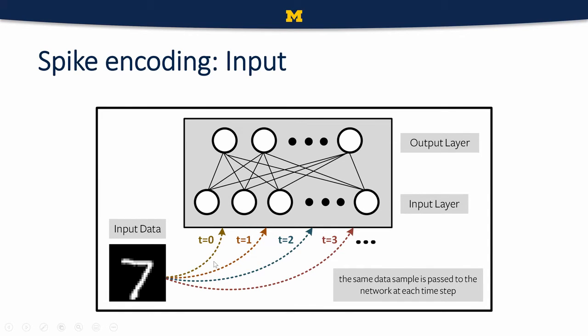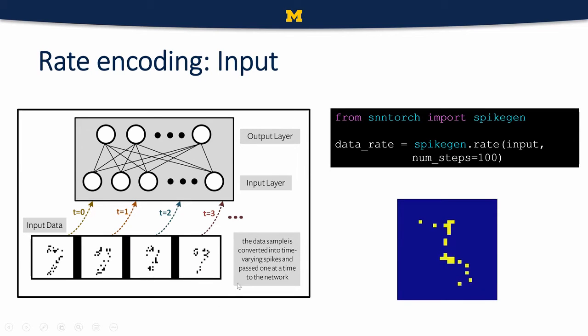Now, if we really want to exploit this, we want our input to be time varying. So let's convert that MNIST sample into something that resembles a rate. Of course, I've got a little code snippet of what it would look like to convert a static input image into a spike rate, into a firing rate, with the same dimensions, just projected along a new axis to represent time.